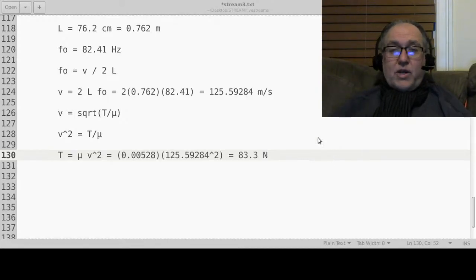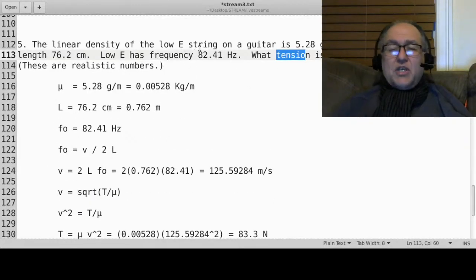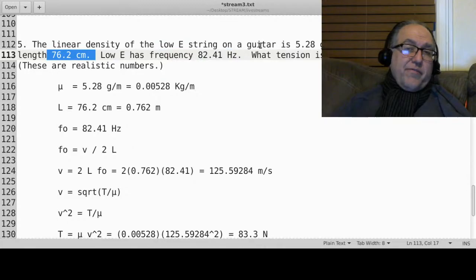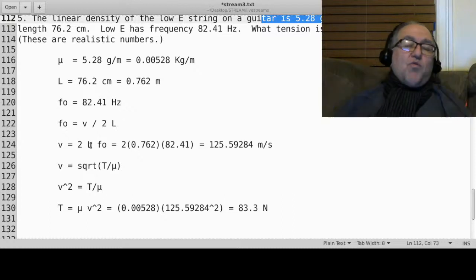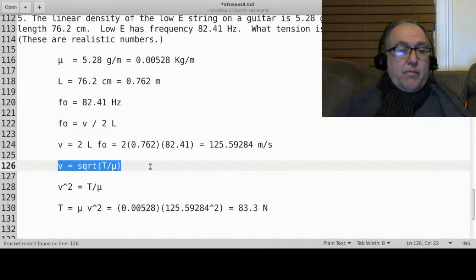Now there's a lot to the question of standing waves, and so here I asked for the tension, but I could have given you the tension and asked for the frequency. I could give you the tension and the frequency and the length and ask you for the linear mass density. In other words, out of all the possible variables here, I just leave one blank. And the two equations that you really need are this one right here and that one right there.